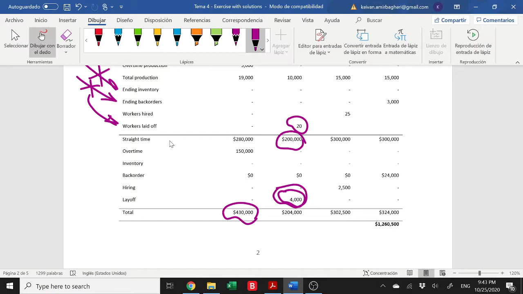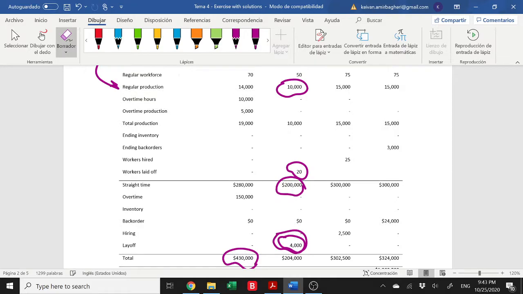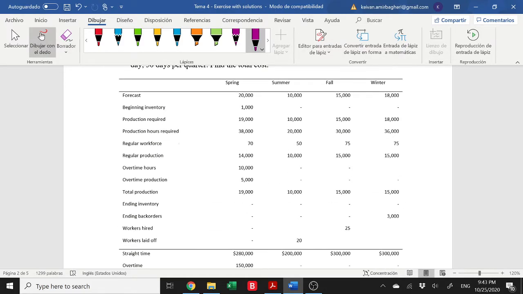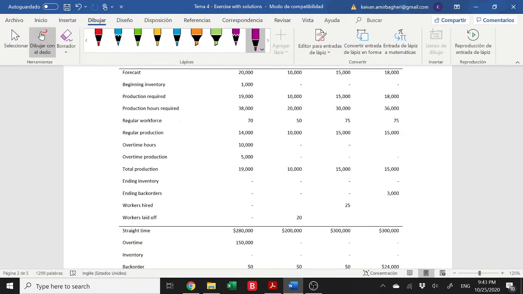So in summer we should pay in total $204,000.